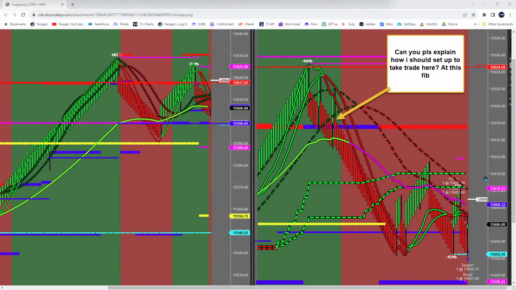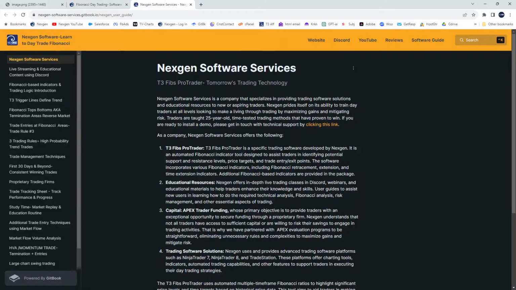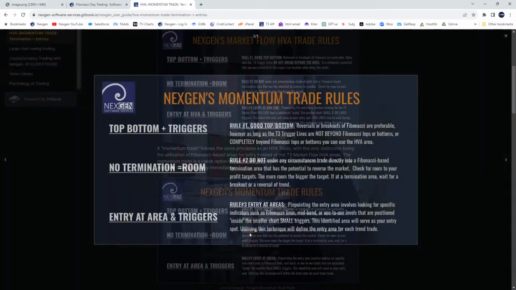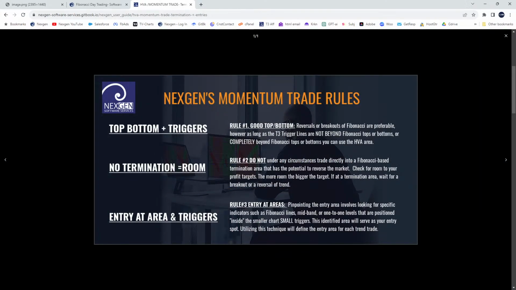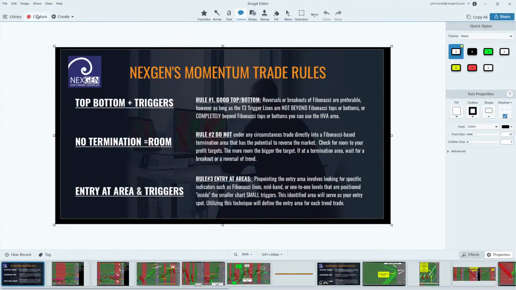Okay, so let's go through the rules for a momentum trade real quick. Fair enough? I'll take a picture so we can blow them up and you guys can see them bigger.